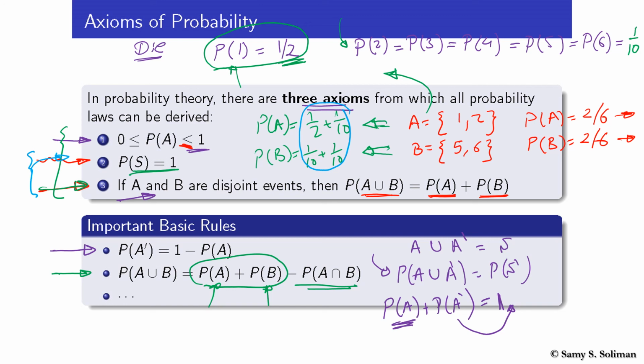In which case the probability of the union of two events is the probability of event A plus the probability of event B minus the probability of their intersection. This rule is general enough that we can use it even for mutually exclusive events, because in this case the intersection is equal to phi, the probability of the null event is equal to 0, and this rule reduces back to axiom 3.